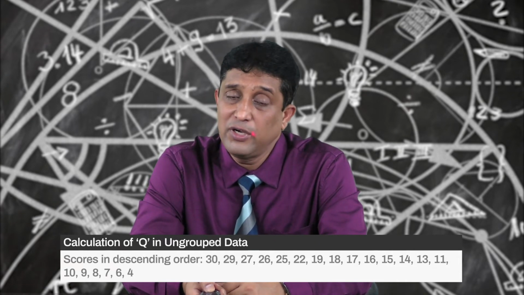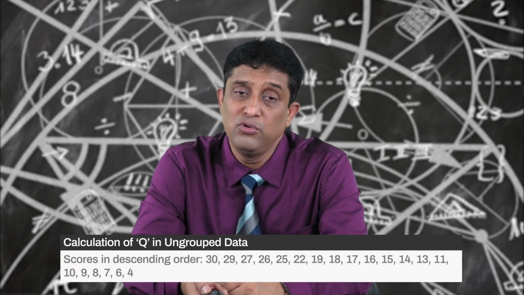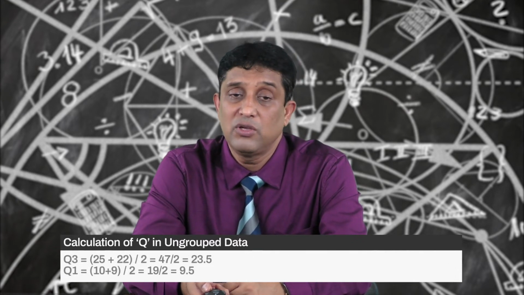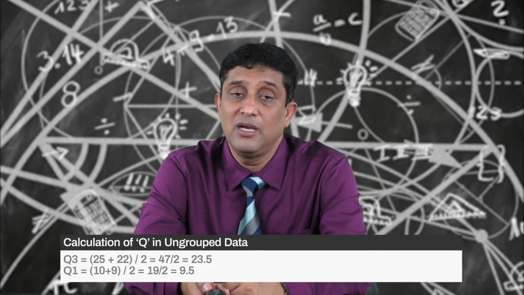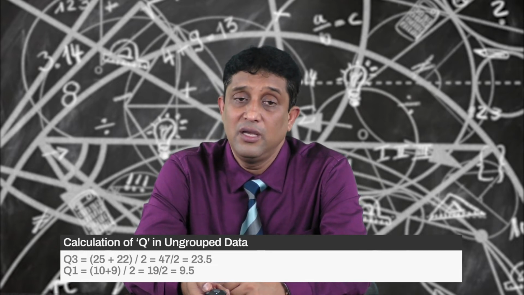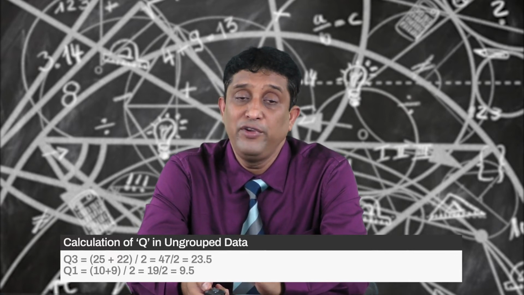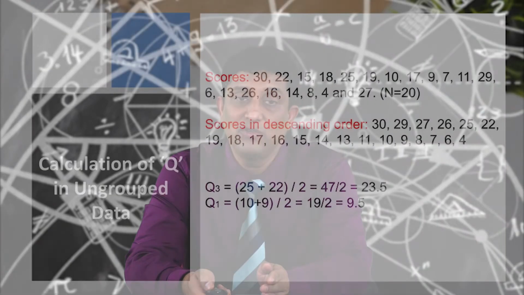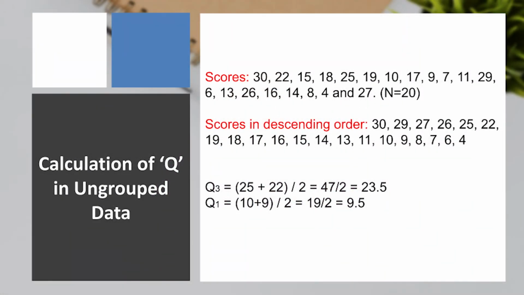Okay. And further, as per the formula, you have to calculate Q3 and Q1. So Q3, as I have already said, is a point in the distribution below which 75% of the cases lie and above which 25% of the cases lie. Here the scores are arranged in descending order.